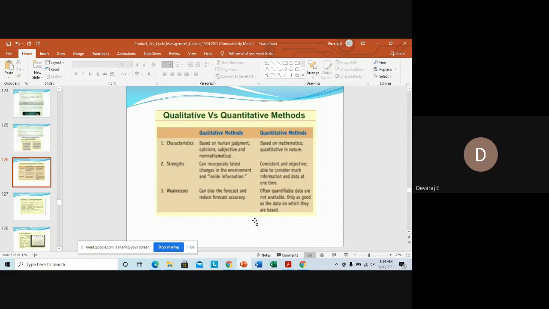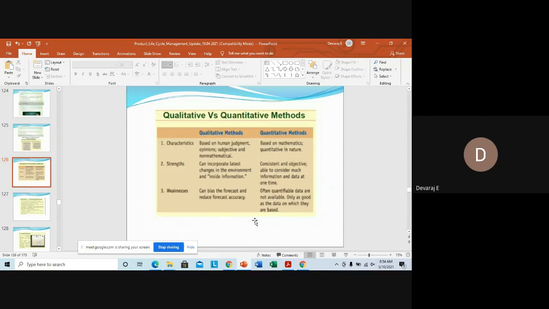If in the results it is not safe, then don't go for manufacturing of the new product. So that's very important. This depends upon the qualitative and quantitative methods, and it will be very important for new product development.